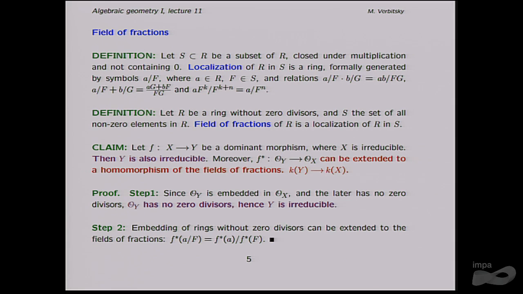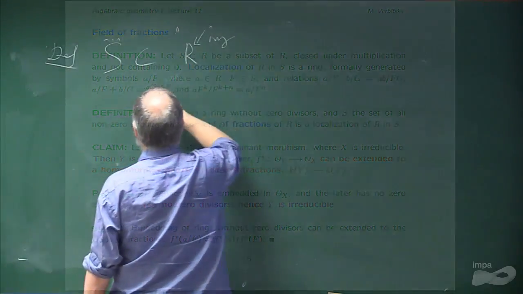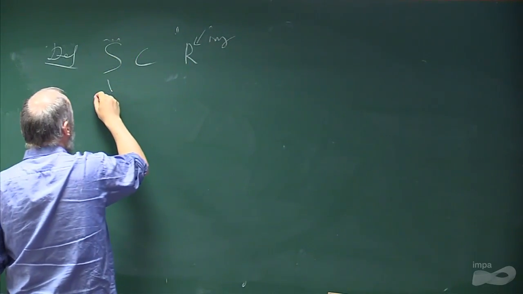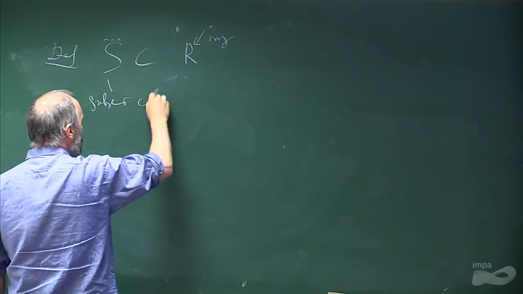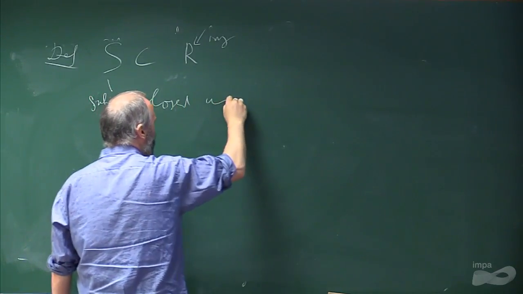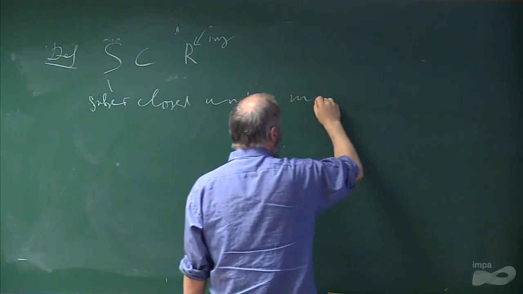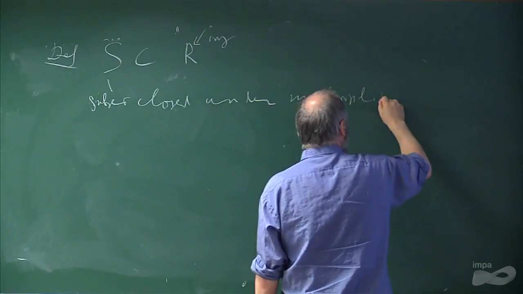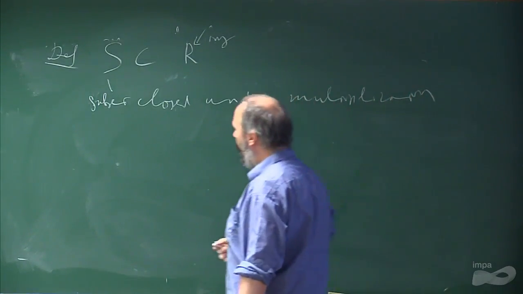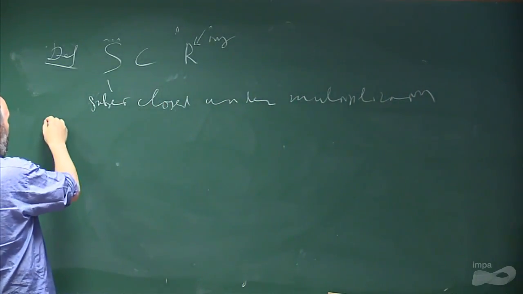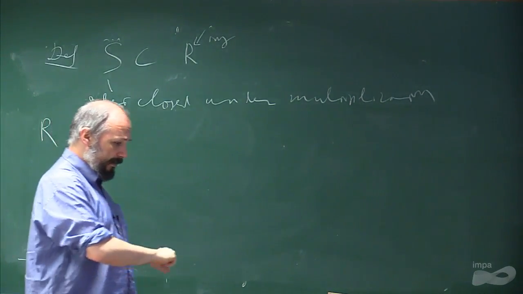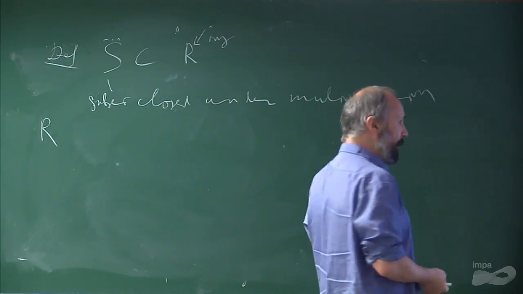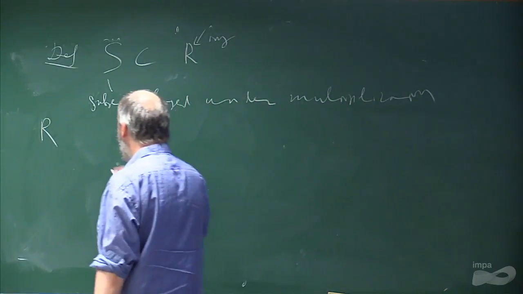Suppose you have S inside a ring R, and this is a subset closed under multiplication. Then you can have localization. I think we had a very similar definition at some point where we localize by just one element, but you can localize by all elements.